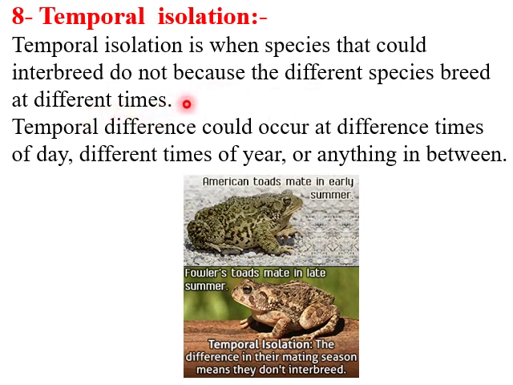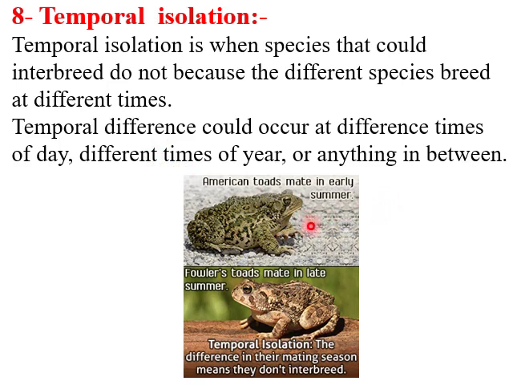This is a very simple phenomenon of isolation, in which the different species cannot breed with each other. In temporal differences, fertilization may take place at different times of the day, or different times of the year, or anything in between.